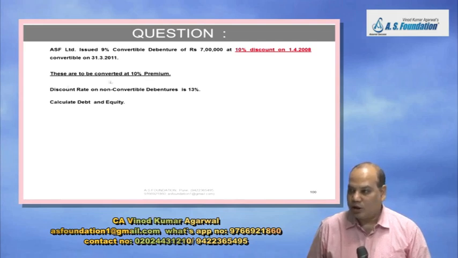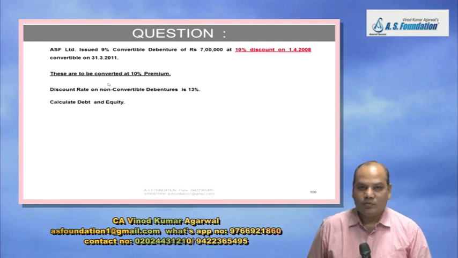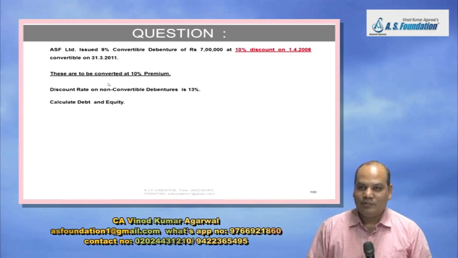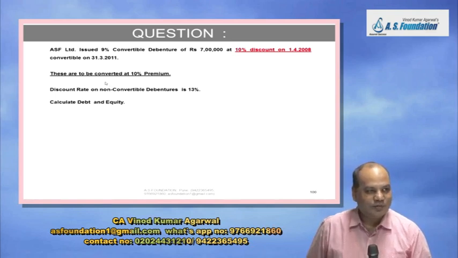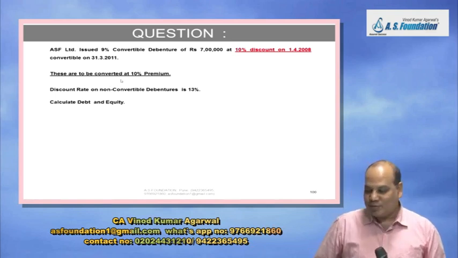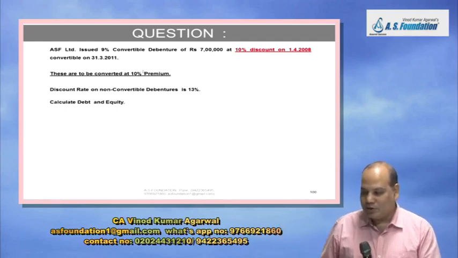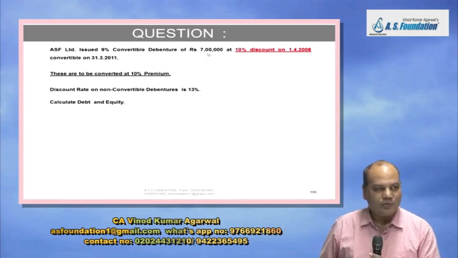What do you mean by these are to be converted? Is it optional? Now you understood. These are to be converted means mandatory. So 10% premium means the equity share that will be issued will be 10% more than this value.